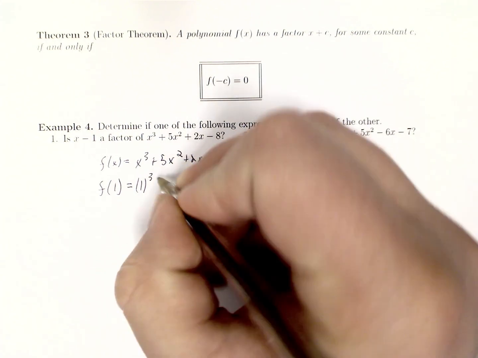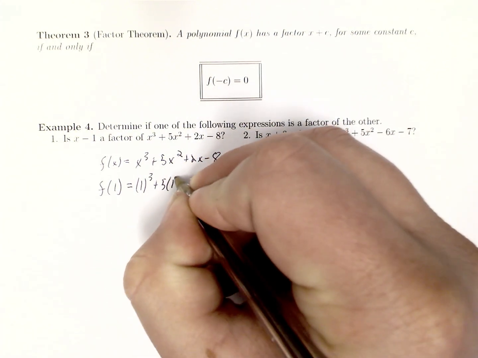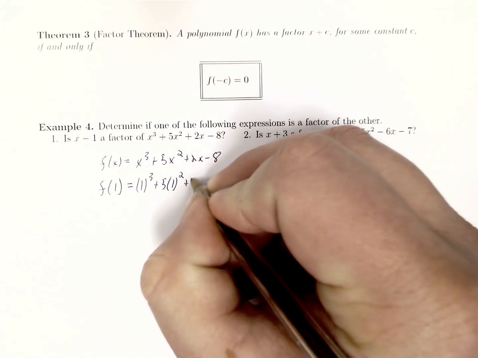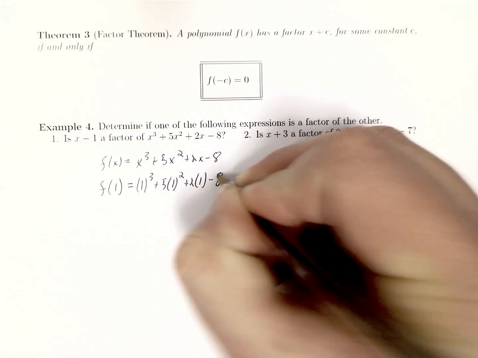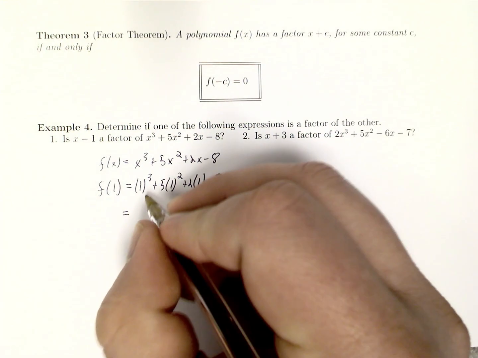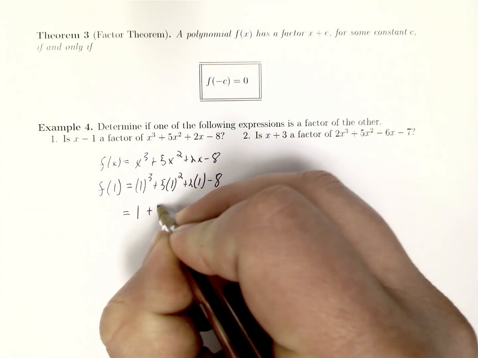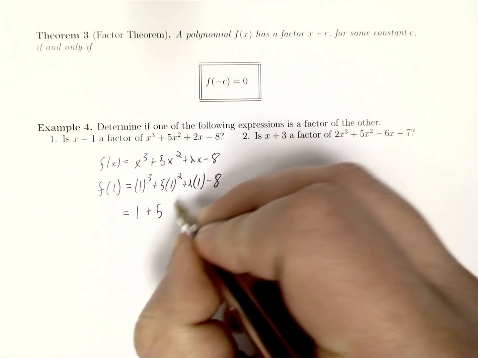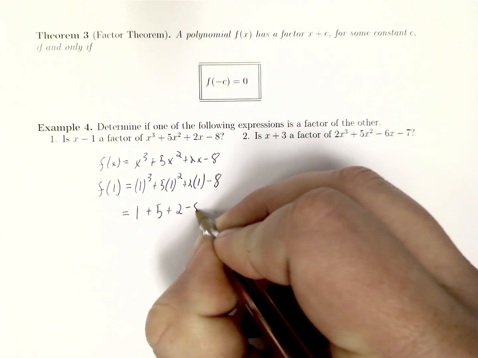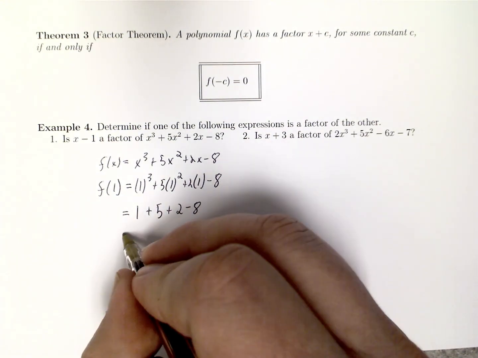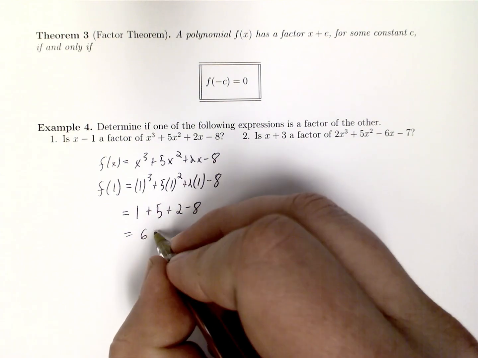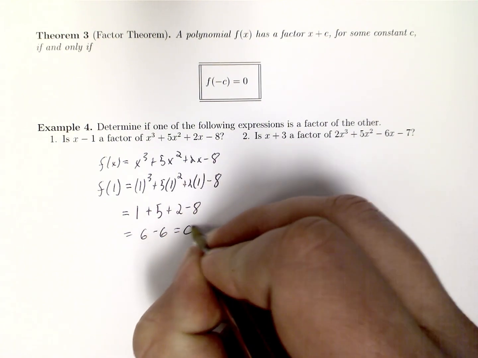If we plug this in, we get 1 cubed plus 5 times 1 squared plus 2 times 1 minus 8. 1 cubed is 1. 1 squared is 1, times 5 is 5. 2 times 1 is 2, minus 8. 5 plus 1 is 6. 2 minus 8 is negative 6. So it equals 0.